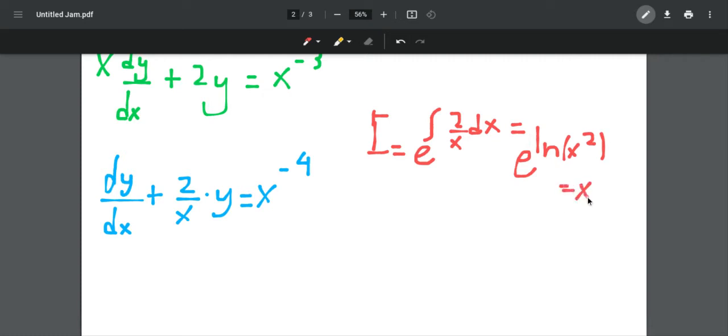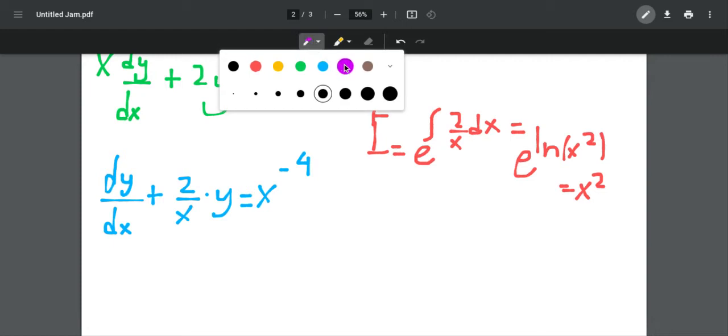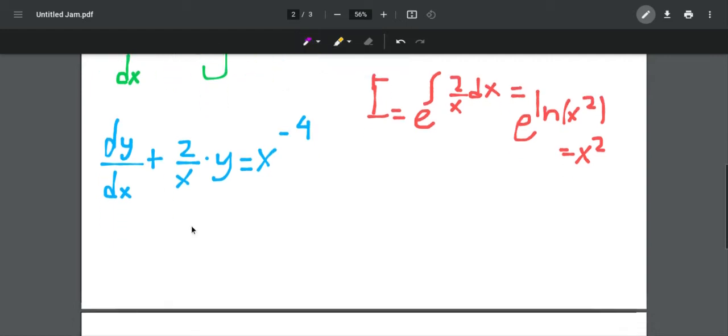So x squared is our integrating factor. Now we multiply x squared by the whole differential equation, and we get x squared times dy over dx.